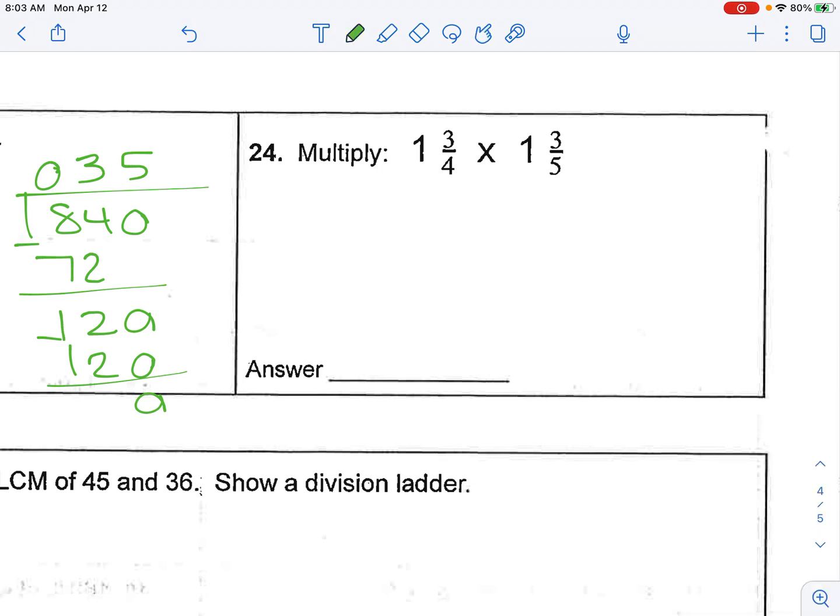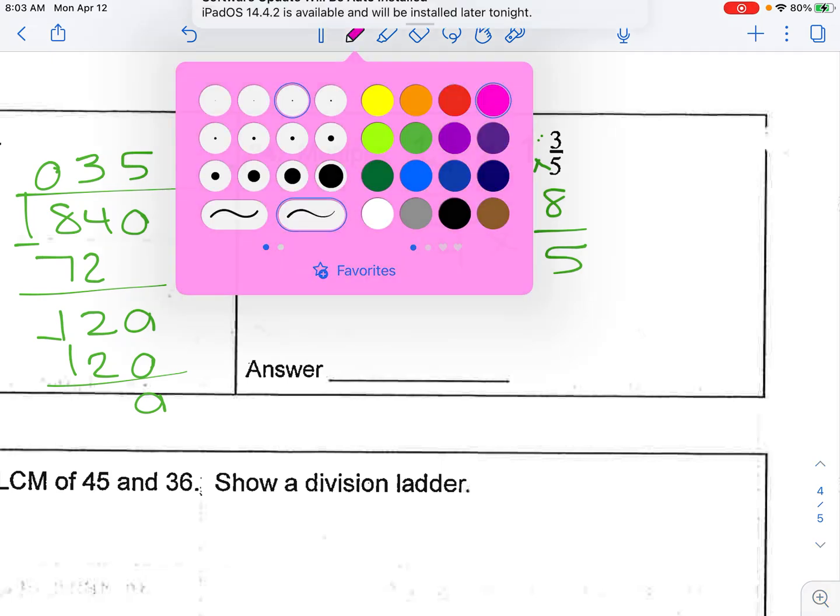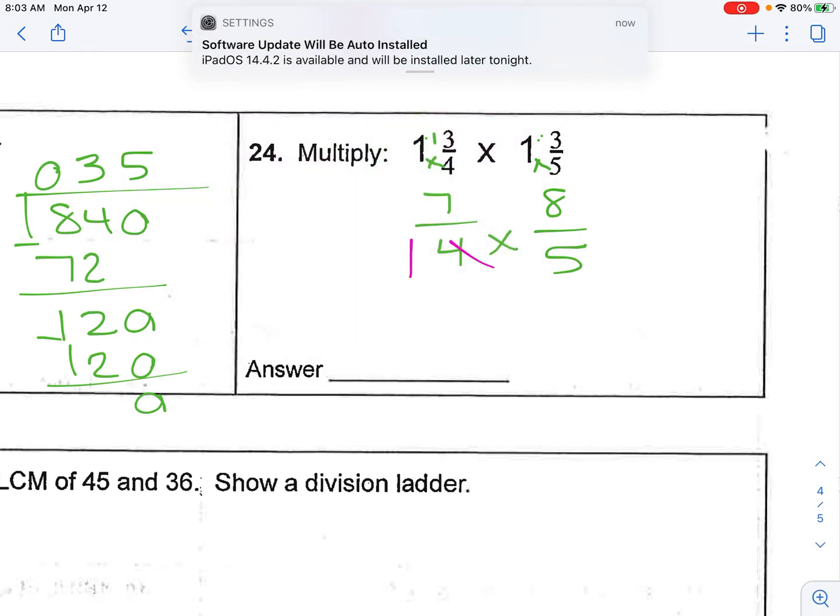Now, this one, I guess you could use your calculator to make your improper fractions, but after that, you'll have to show me all work. So remember, this is 1 times 4 plus 3. So that is 7/4. Make them improper. 1 times 5 plus 3 is 8/5. Cross cancel.